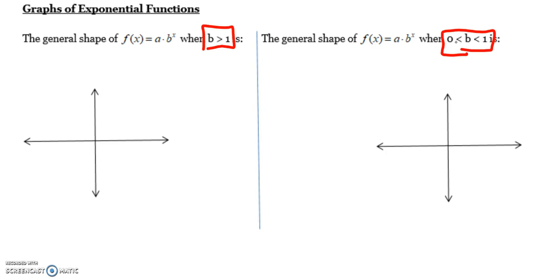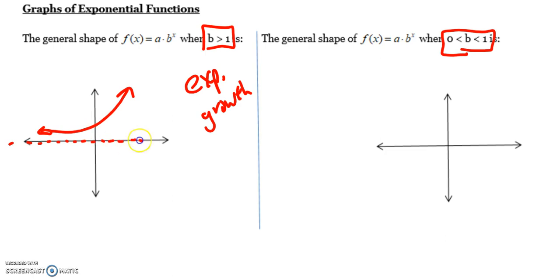First of all, on the left-hand side, where it's greater than 1, this is what we call exponential growth. And it'll look something like this. And it has a horizontal asymptote at y equals 0. It has a y-intercept of 0, comma, a.